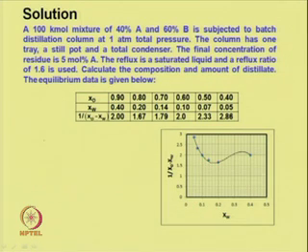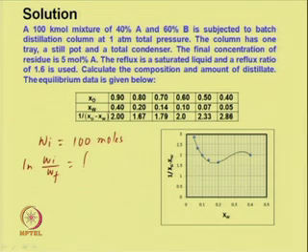We know the initial amount of moles taken, W I, which is 100 moles, and ln W I by W f is equal to the integral from x w f to x w I of dx w by x d minus x w.